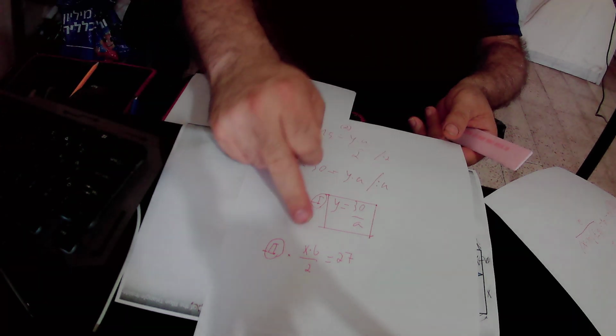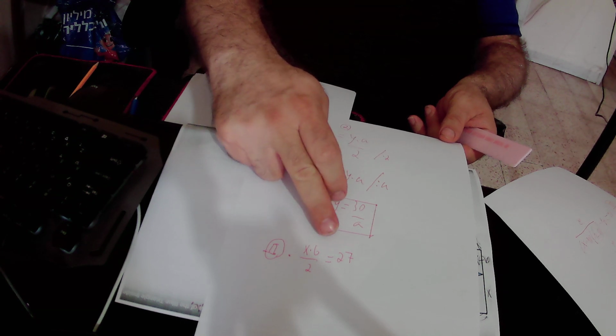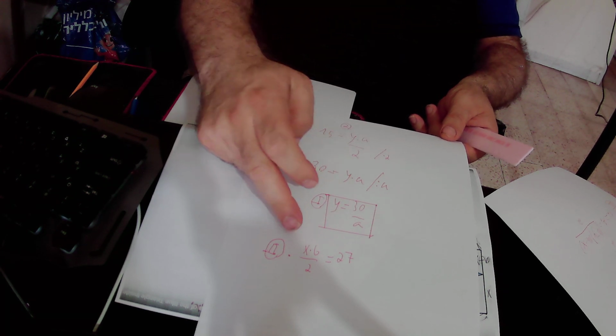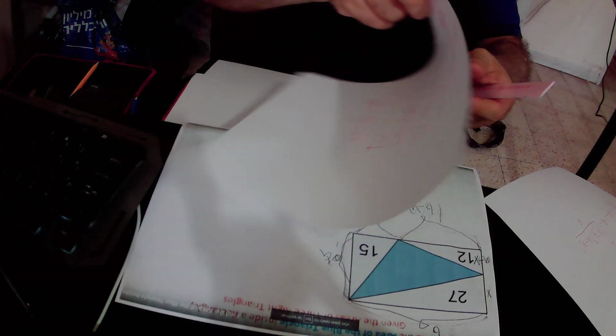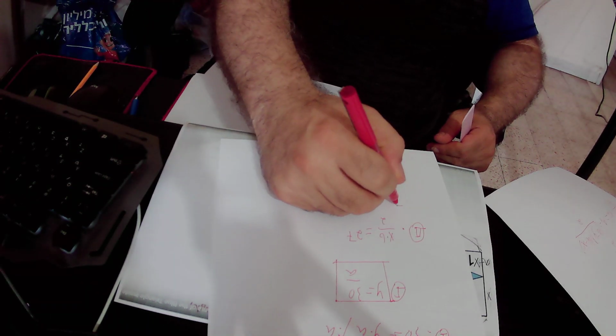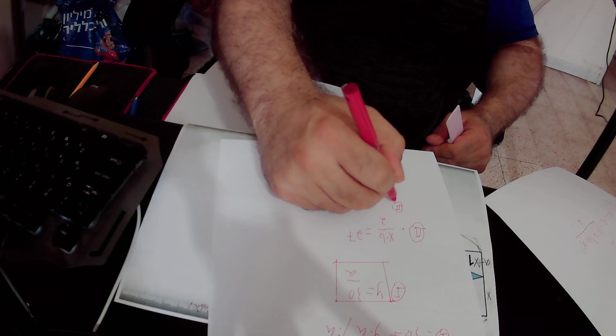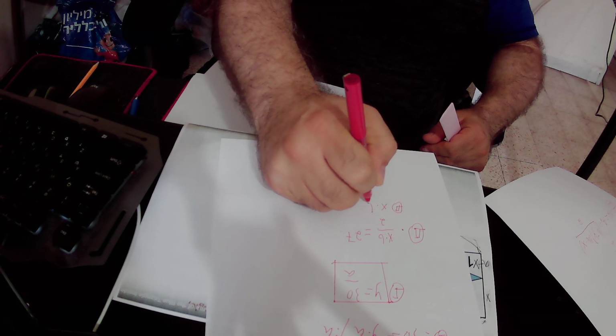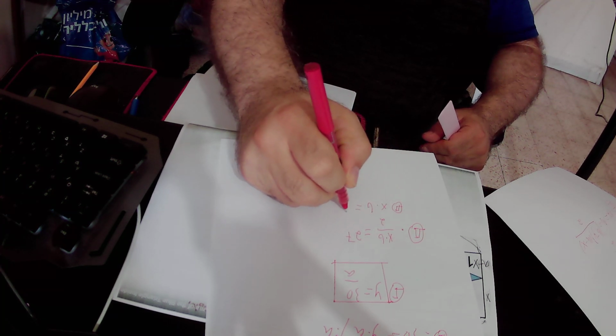We'll get that x times b equals 54, because 27 times 2 is 54.